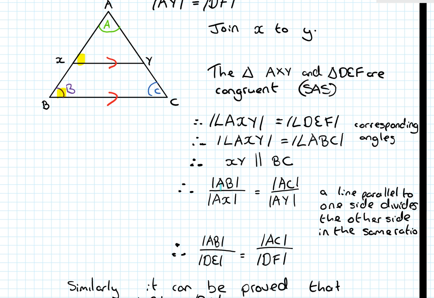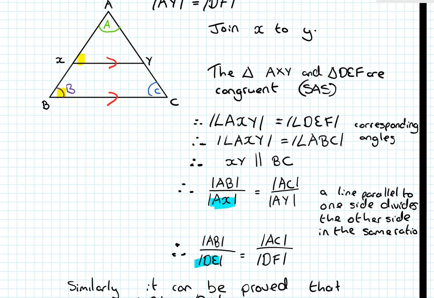Then we know that the ratio of AB over AX is equal to the ratio AC over AY. The lines parallel to one side divides the other lines in the same ratio, which was Theorem 12 that we just proved. We also know then that the length AB over AX is equal to AB over DE.